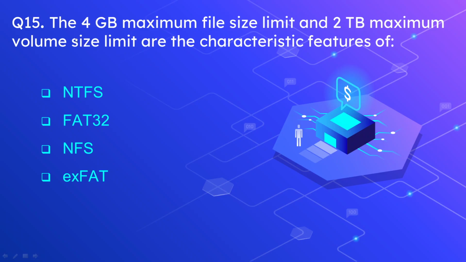Question number 15 is that the 4 GB maximum file size limit and 2 TB maximum volume size limit are the characteristic features of. Options are NTFS, FAT32, NFS and exFAT, and the correct option is FAT32.